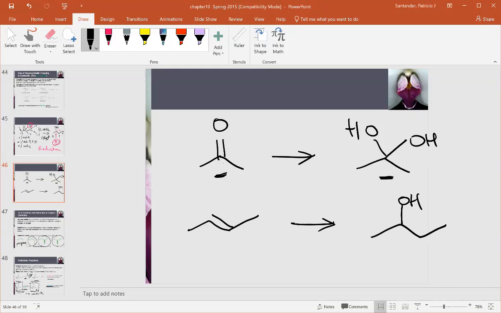Well, one of the carbon atoms is getting oxidized, getting more attachment to oxygen, and the other carbon atom is getting more attachments to hydrogen, right? So while one of the carbons is getting oxidized, the other one is getting reduced. So the overall transformation is neither an oxidation nor a reduction.